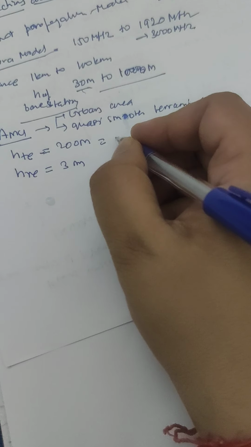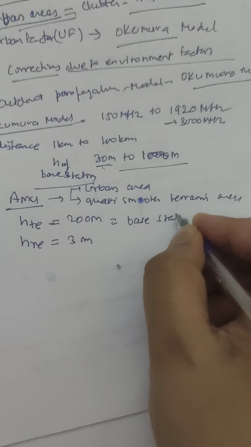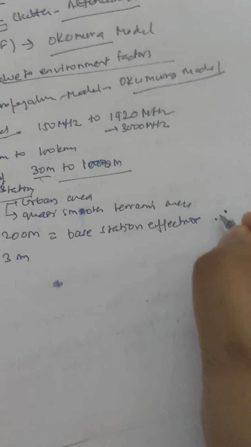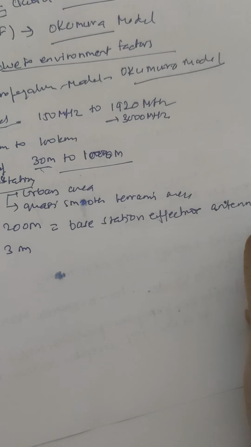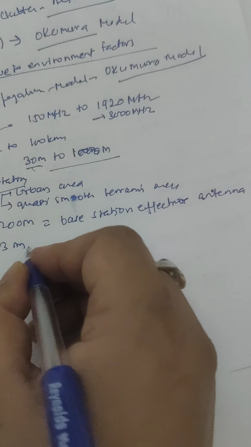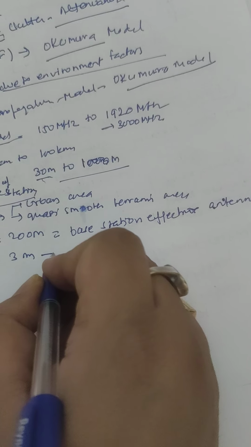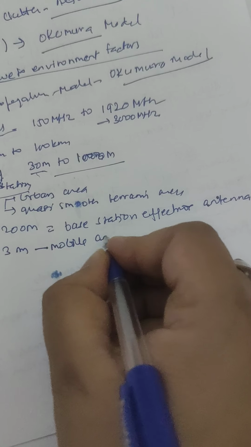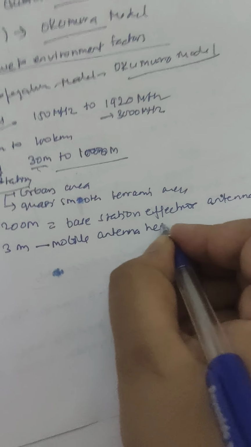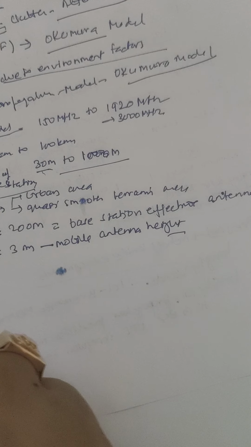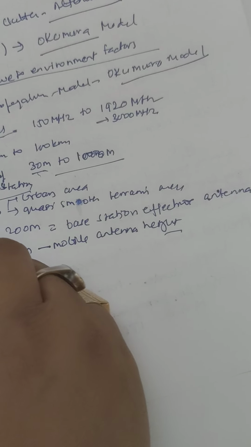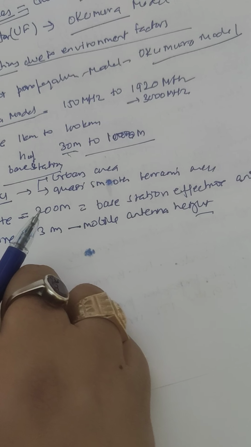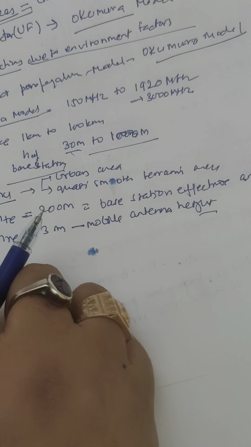This is the base station effective antenna height, and this one is the mobile antenna height.